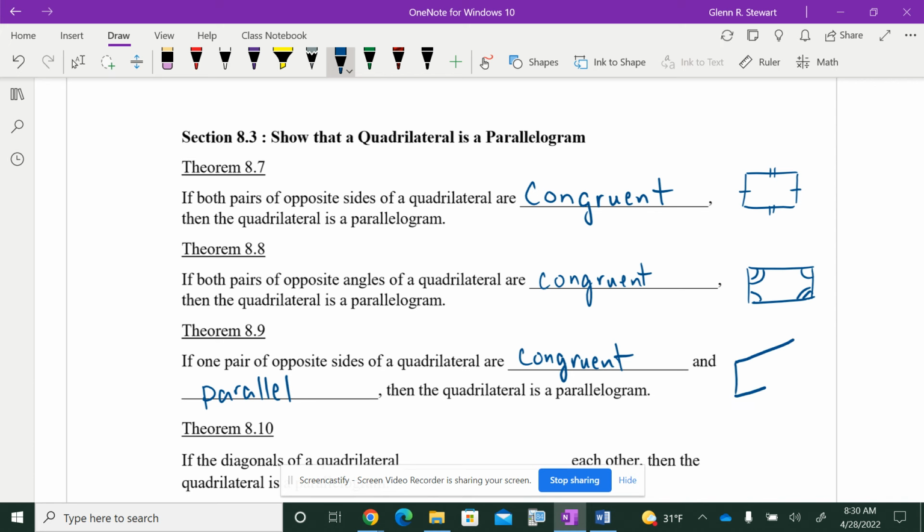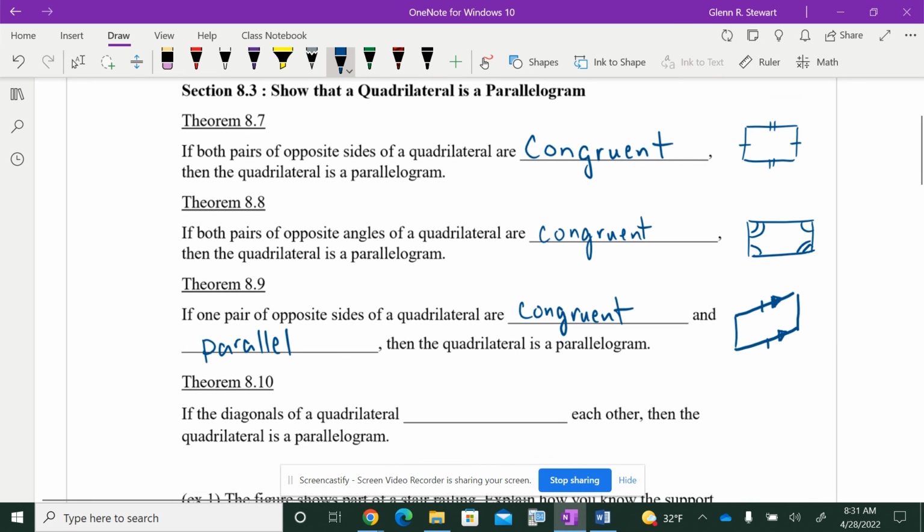Maybe it looks something like this. Okay, it shows that these are congruent, and then remember that little triangle just shows parallel. Then the quadrilateral is a parallelogram. And it could be the other two sides, but essentially it would say congruent and parallel.